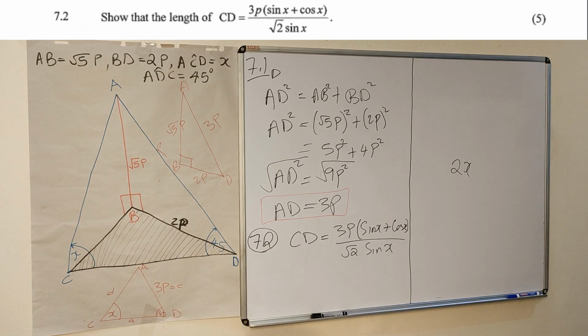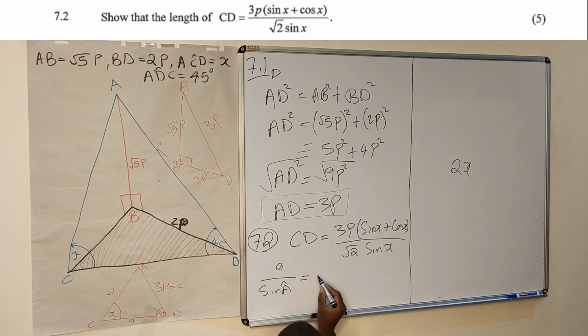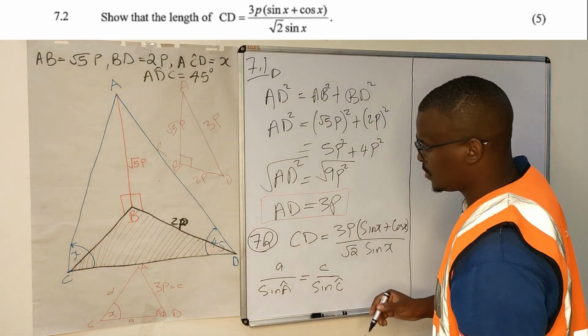So you're going to say, okay, I want this guy here. What is it? It's a, right? So it's a over sine angle A. What do I have? It's equal to C over sine angle C. So, what is your A?